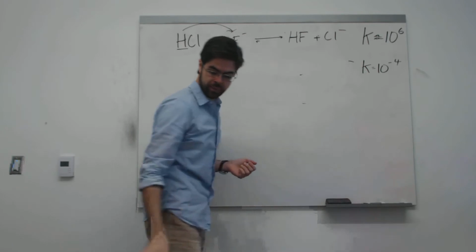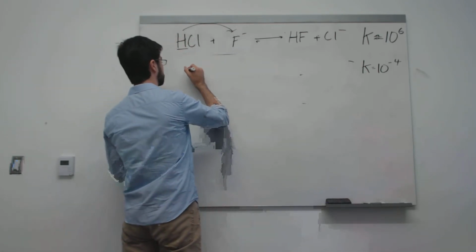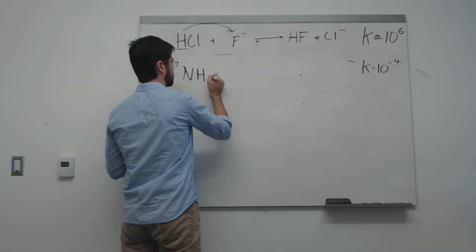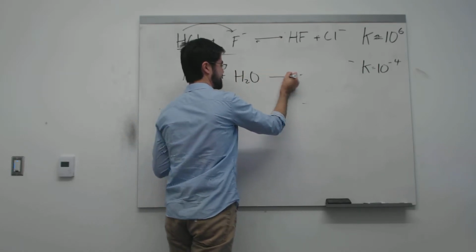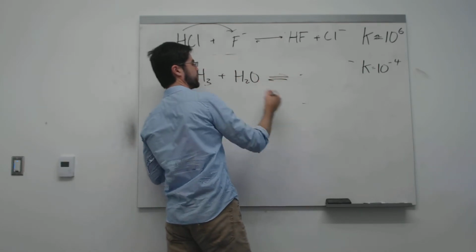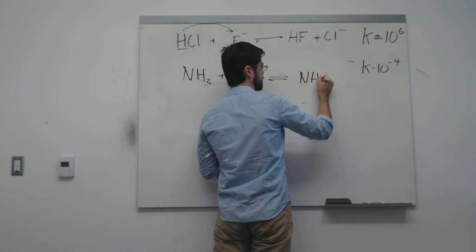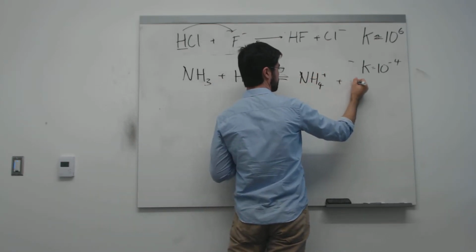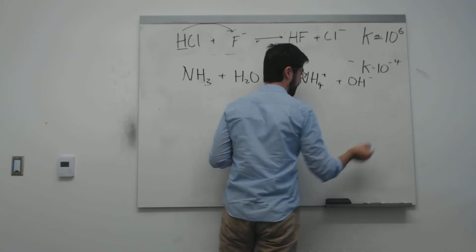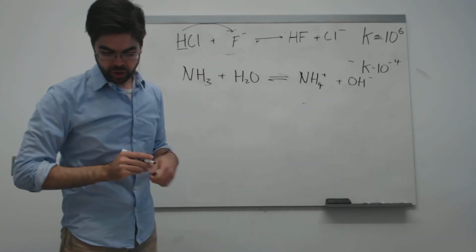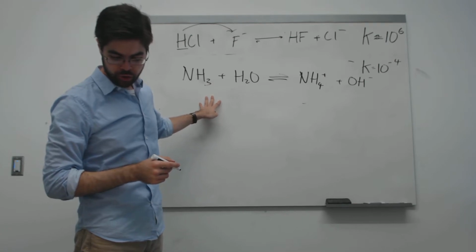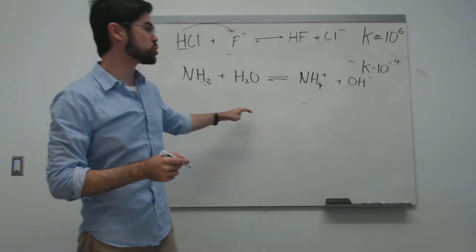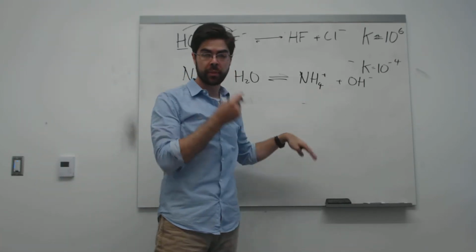If I have a weak base like ammonia in water, ammonia as a weak base will accept protons from water and produce ammonium, and subsequently leave hydroxide ions. So this reaction is not a dominant source of hydronium ions.